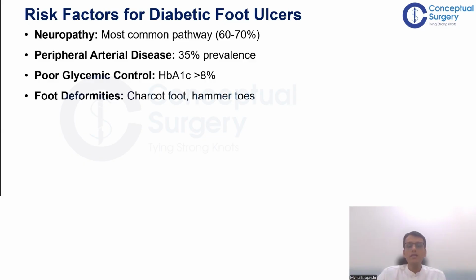Foot deformities like Charcot's or hammer toes all add to more chances of an ulcer and hence more chances of an infection. A past history of an ulcer or an amputation would have a 40% recurrence within the next 5 years. So you may have a history of ulcer, and that itself pushes you to have a recurrent ulcer or an amputation within the next 5 years.